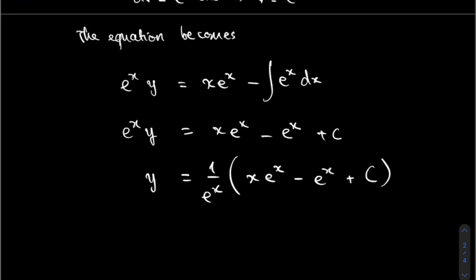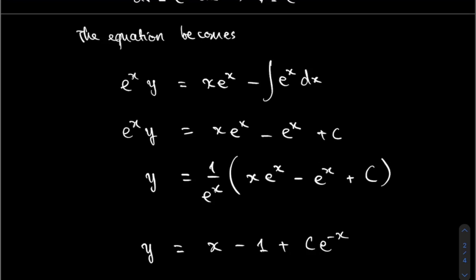You can simplify the solution a little bit further by distributing 1 over e to the x into the parentheses to get y equal to x minus 1 plus a constant c divided by e to the x. So e to the x is in the denominator, but I want to bring that into the numerator. When I do that, I will change the sign of the exponent, that is e to the negative x. So this is the general solution to the differential equation.